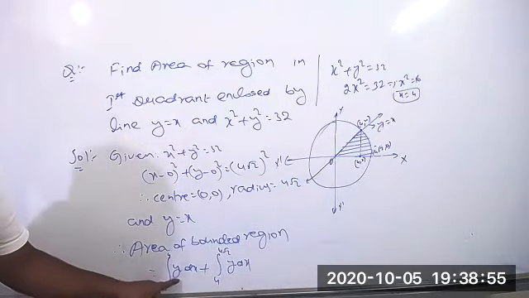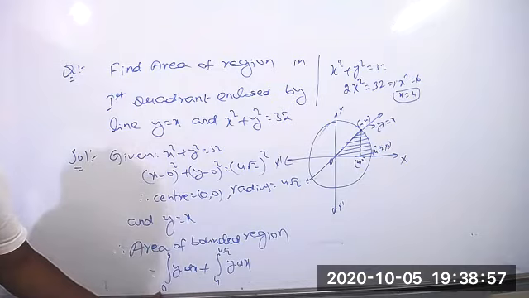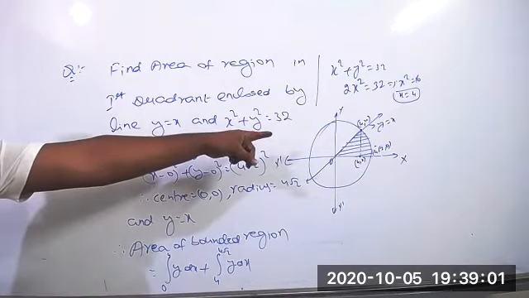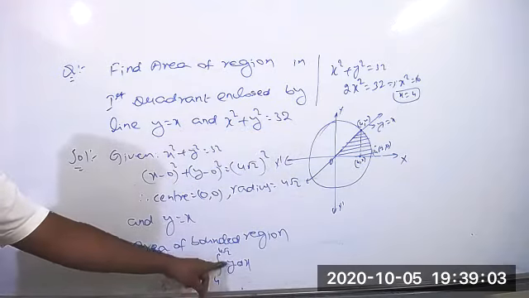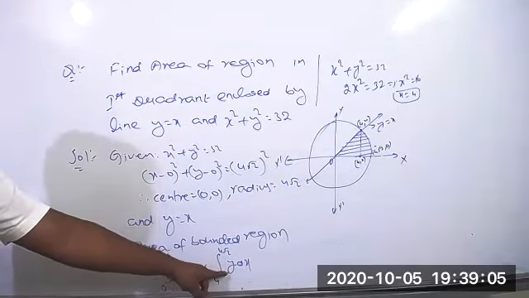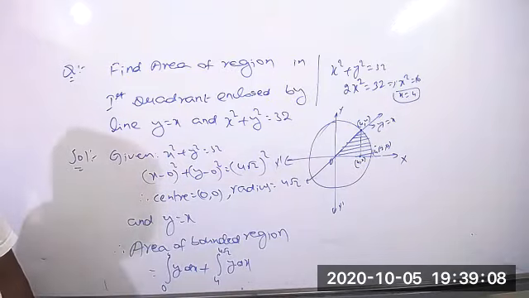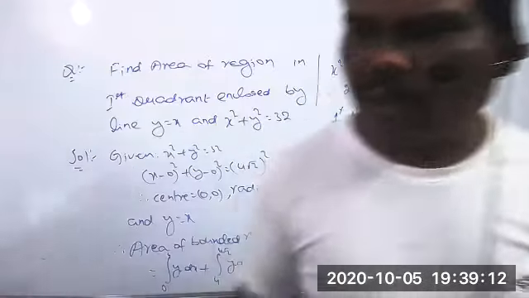Now in the first case, when you are taking the limit 0 to 4, the y will be the line equation, and when you take 4 to 4 root 2, the y will be the circle equation. So all you can substitute in there now clearly.